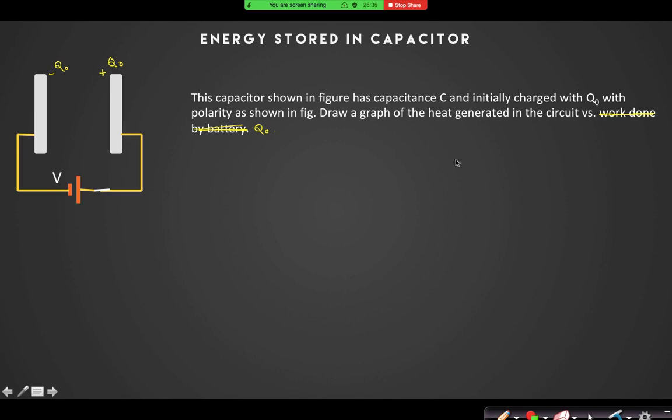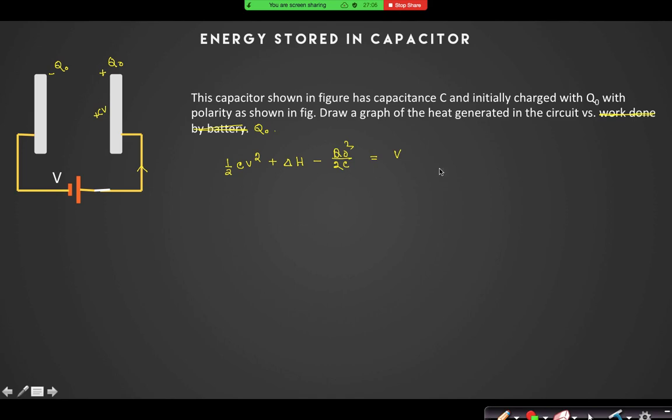If this is Q naught initially, and after I close the switch, the final charge on it will be plus CV, right? So can I write that the final energy in the capacitor is half CV square plus the heat loss minus the initial energy, Q naught square by 2C, is equal to the work done by the battery. What is the work done by the battery now?